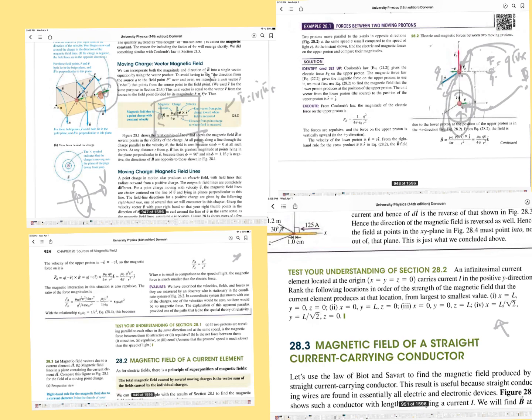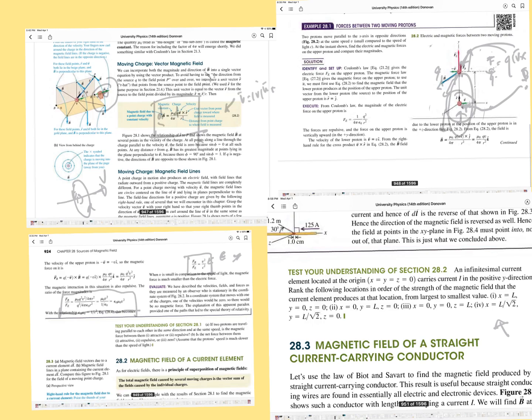So you have to calculate two forces, the electrical force and the magnetic force. And when you compare them, the comparison is very interesting. The magnetic force is much weaker than the electrical force, weaker by a factor of v squared over c squared. To make it similar to the electrical force, you need the particle to move at a velocity near c, the speed of light.